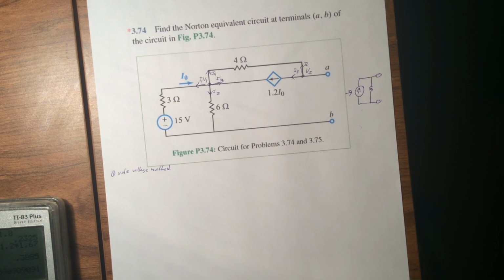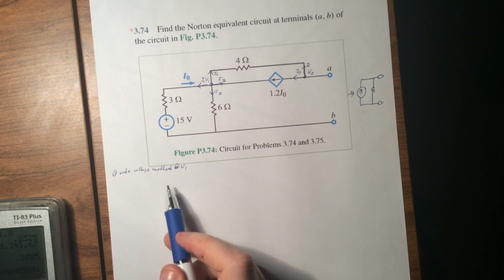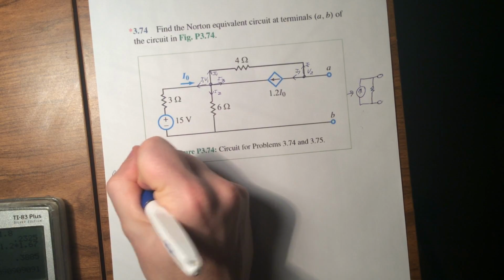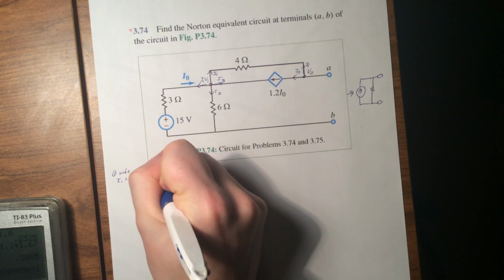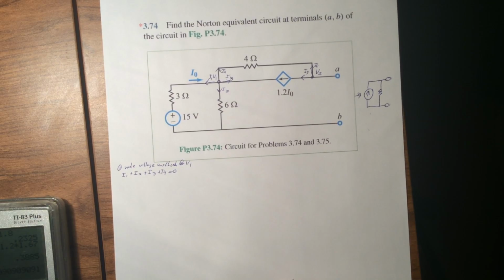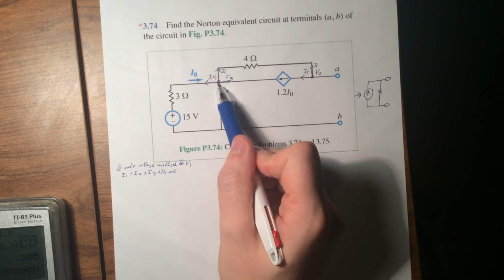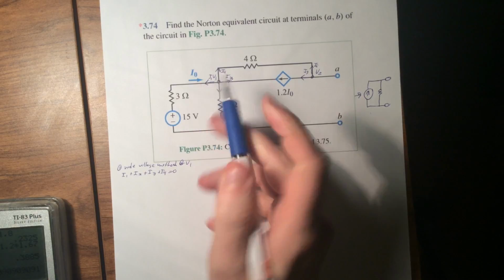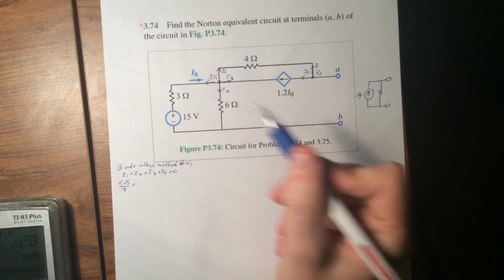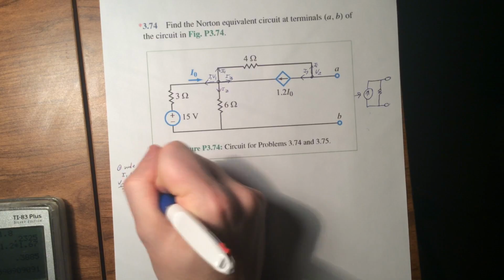Cool. The next bit is to do the node method at V1. We've got I1, I2, I3, I4, so I1 plus I2 plus I3 plus I4 equals 0. Our I1 is going this way, that is V1 minus 15 over 3, plus our I2, which is V1 minus 0 over 6, so V1 over 6.